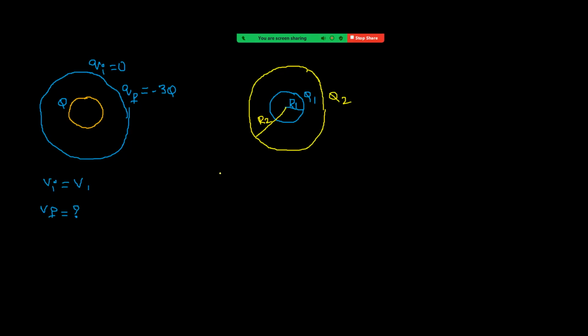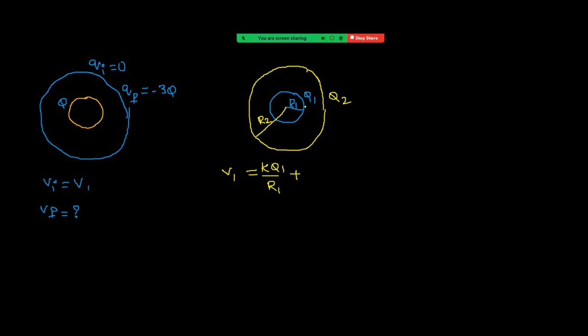Coming to the first one, the potential of the inner one. Let us call it V1. V1 equals the potential of the inner one. If you observe carefully, because of charge Q1, the potential will be K Q1 by R1. Now because of Q2, for this one, this is now an inside point.